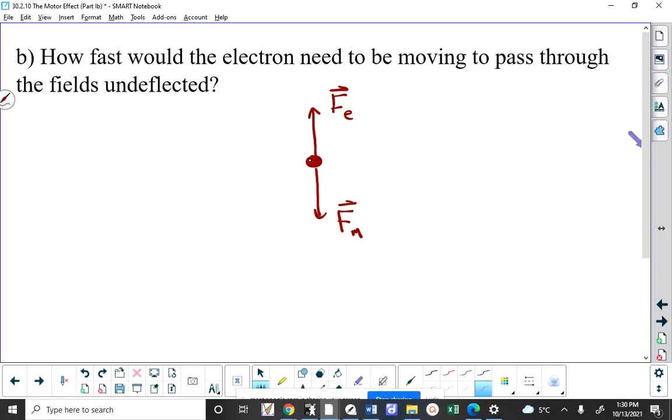And that would mean QVB has to equal QE. Do you agree that this is the magnetic force on the left, QVB? Okay. And this is the electric force. So those two things are equal to each other. Is this a true statement?